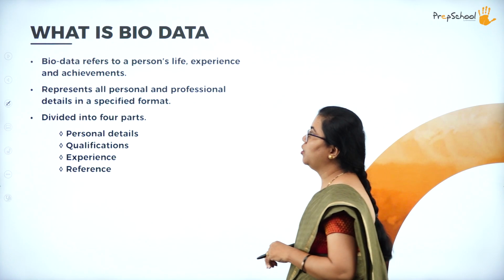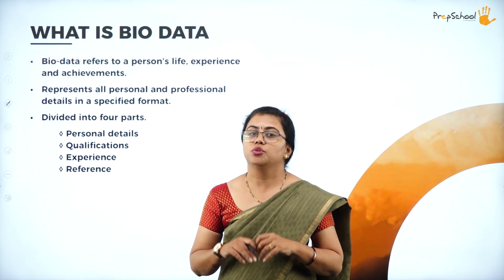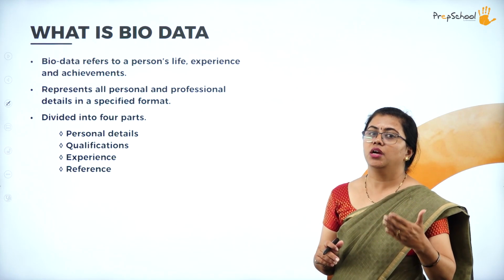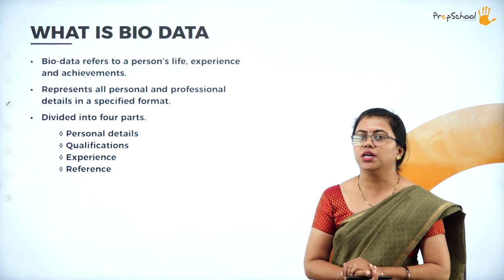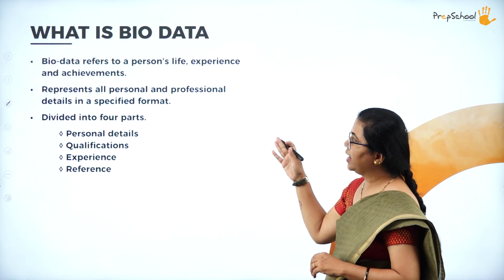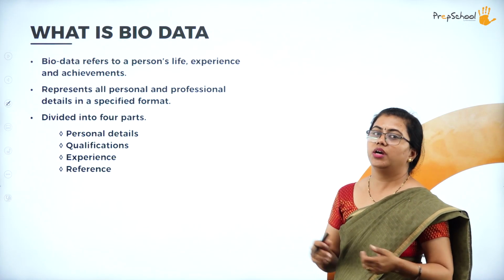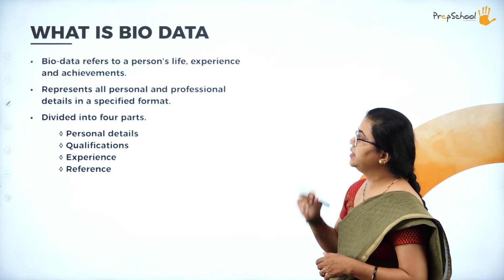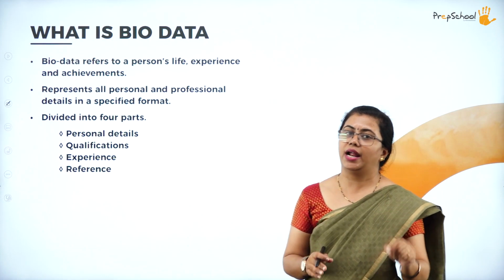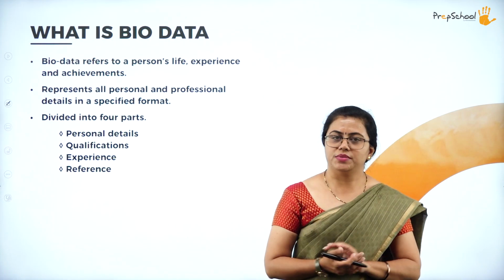So before that we need to understand what is biodata. Okay, so biodata is nothing but the person's life's achievements, something related to the personal life of the person who is seeking the job. Okay, so this is the person's life, some experience or maybe few achievements that he has done. So that will be there in this biodata. Okay, so this represents all the personal and professional information job seeker has.